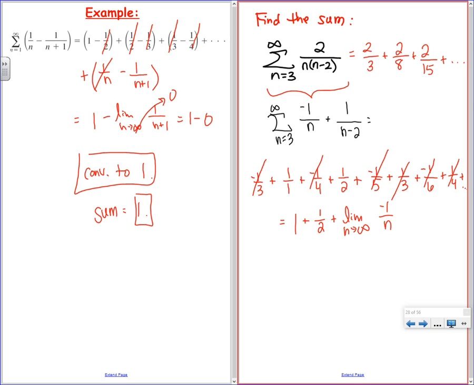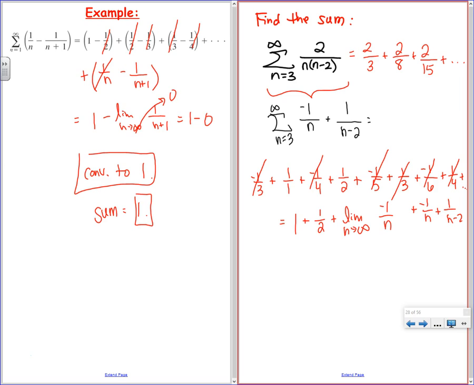Pause and consider. If I was to go to the nth term, I would get negative 1 over n plus 1 over n minus 2. You gotta think about how this happened. It stayed, it stayed, it stayed. This guy canceled with the previous one. So who stays as we start canceling in an expression for an nth term?